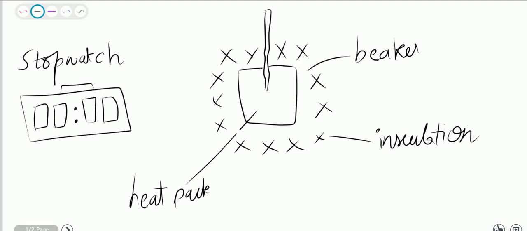So we have the heat pack, which is containing the liquid. Actually, that doesn't feel right.